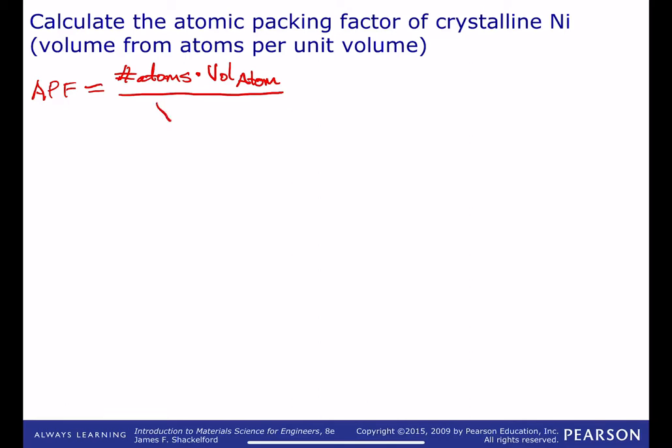And then, of course, we want to divide through by the volume of the unit cell. And that's where our edge length parameter, typically a, will be found. To settle on what unit cell we're dealing with, you're going to have to consult a resource to determine what type of crystal structure nickel likes to pack into. Okay, so pause the video and see if you can tackle that, and resume the video once you've got an answer.